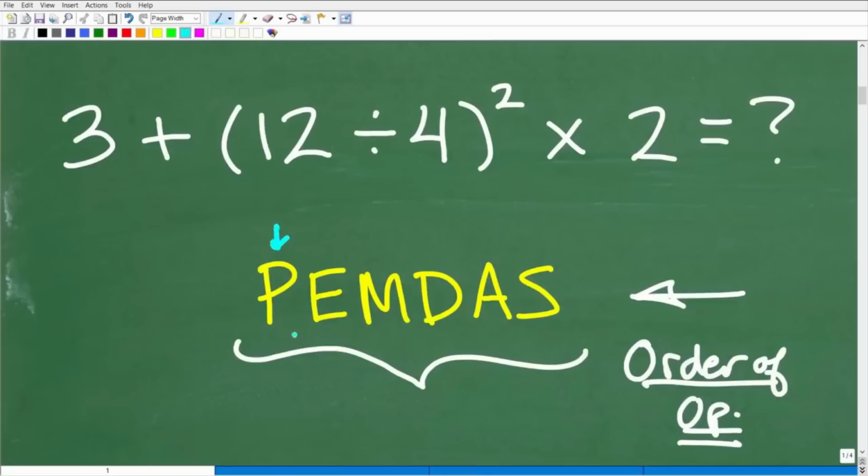So the first thing is P, that stands for parentheses. So anything that has parentheses, certainly we have parentheses in this problem, but really the P is more technically what we call grouping symbols. So it could be parentheses like this or brackets and even squiggly brackets like so. So these are examples of grouping symbols, and there's another aspect to when you look at the P for PEMDAS is that we want to work from the innermost parentheses.